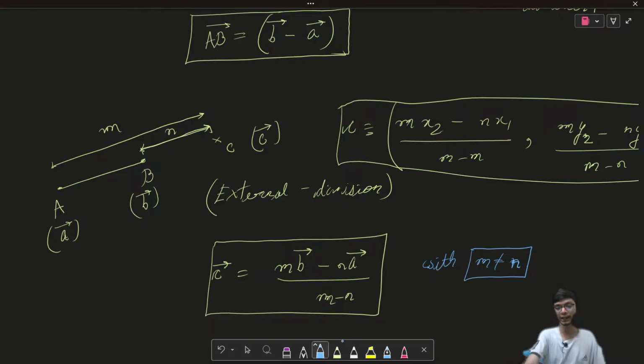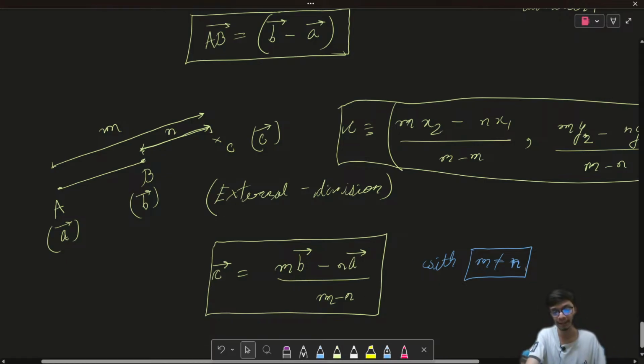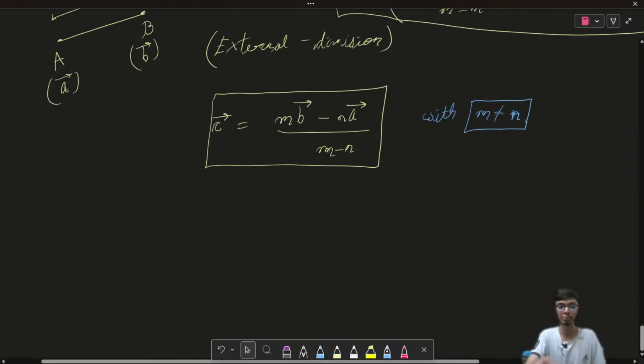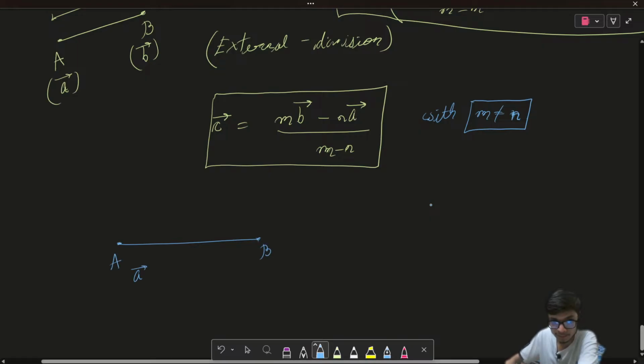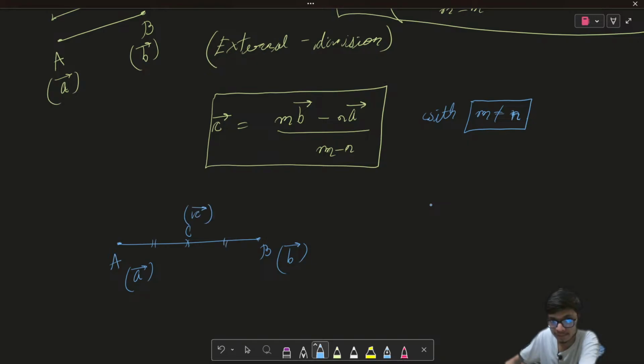Okay, so from here we can also relate the expression for the midpoint formula, right? If I have a line whose ends are given by point A and point B, where this is my position vector A and this is my position vector B, and I want to find the position vector of the midpoint C, then it can be simply obtained by putting m and n equal to 1.